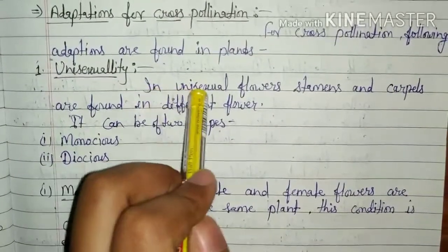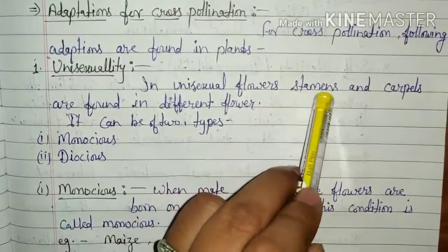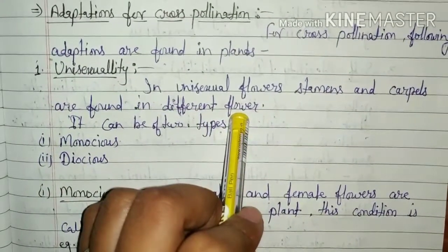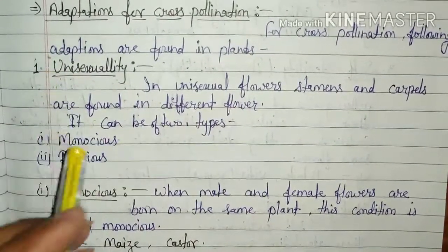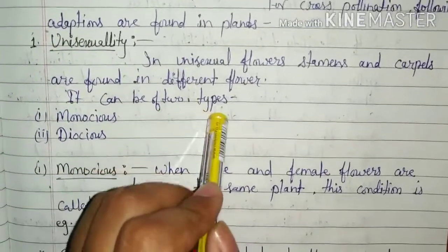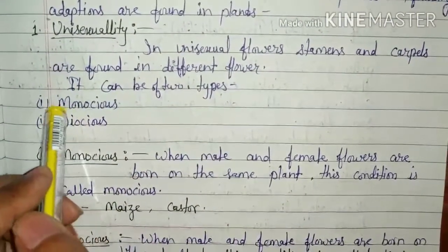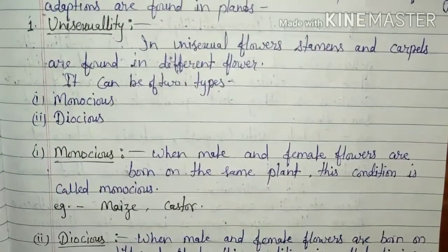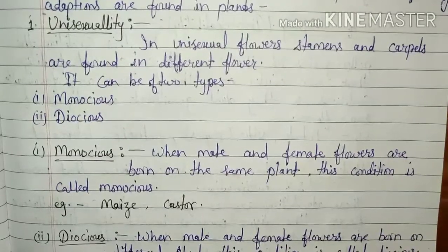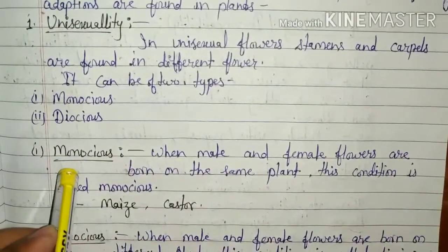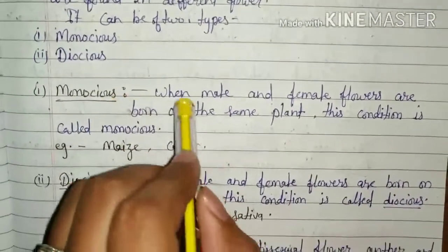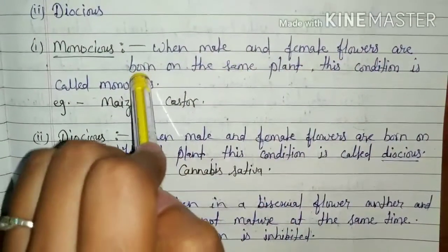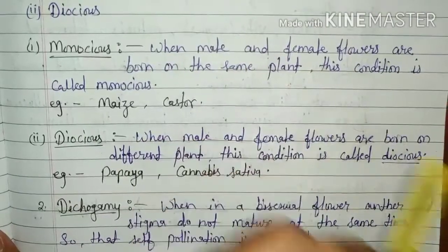So, in unisexual flowers, stamens and carpels are found in different flowers, and it can be of two types. First, monoecious, and second, dioecious. First type, monoecious, when male and female flowers are borne on the same plant.